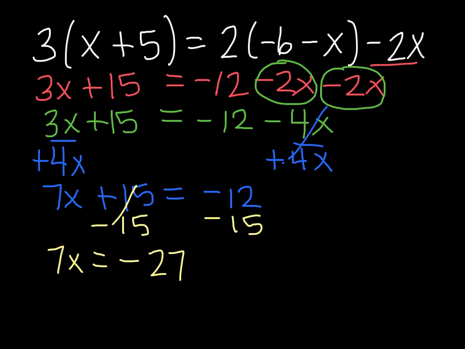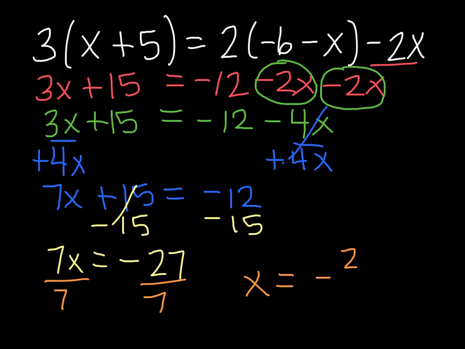Now I don't want the weight of 7 x's, I only want the weight of 1 x. So I'm going to divide each side by 7. So I get that x has the same weight as negative 27 over 7, because a negative divided by a positive is a negative. Now this is an improper fraction and it doesn't simplify real nicely.